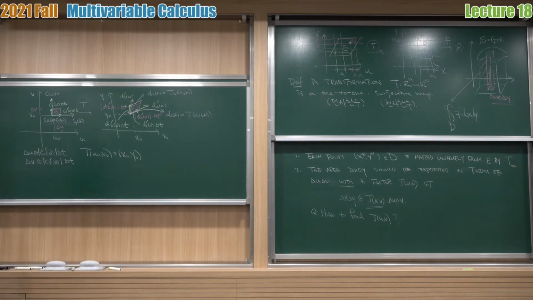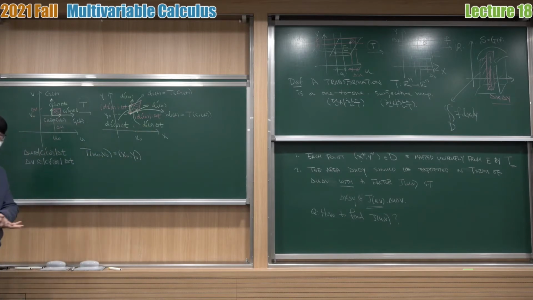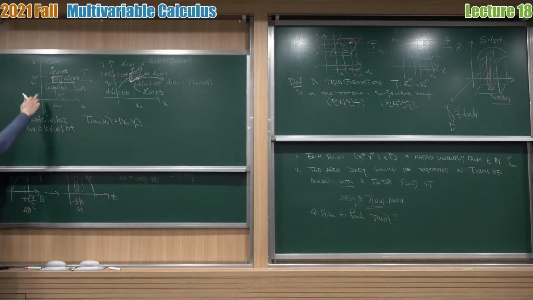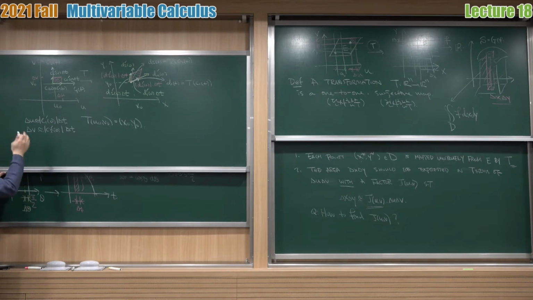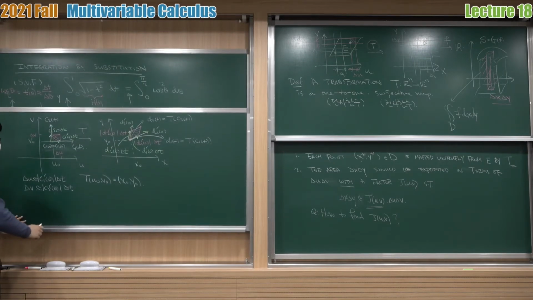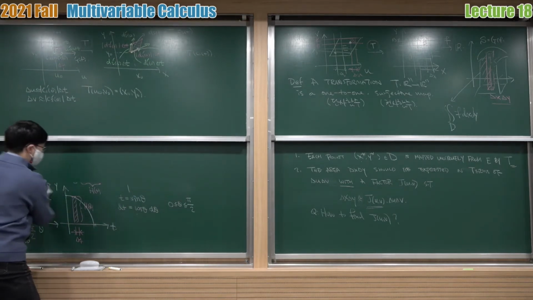How do you find the area bounded by these two vectors? Area of a parallelogram: cross product, right? Although these are two-dimensional vectors, you can take the cross product. I have to introduce some notation here, so let me write it here. It's going to be a little long computation.